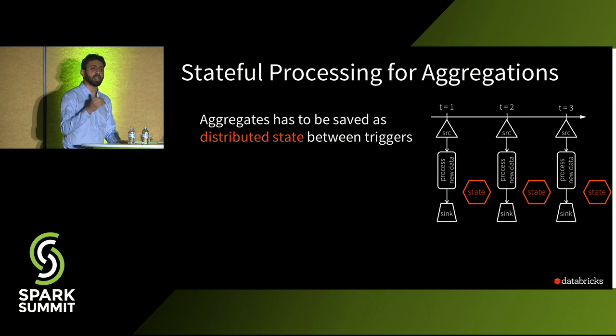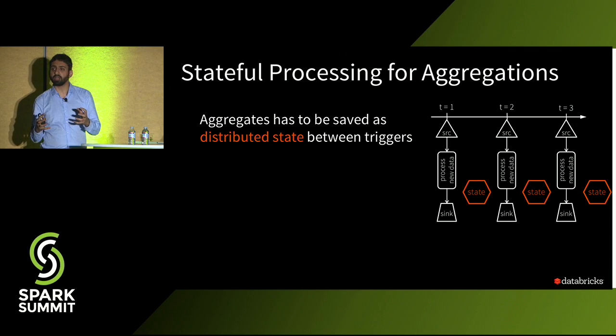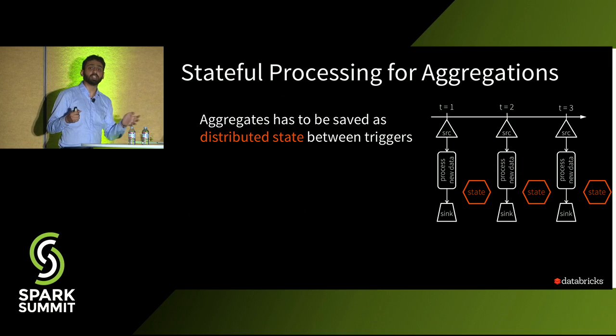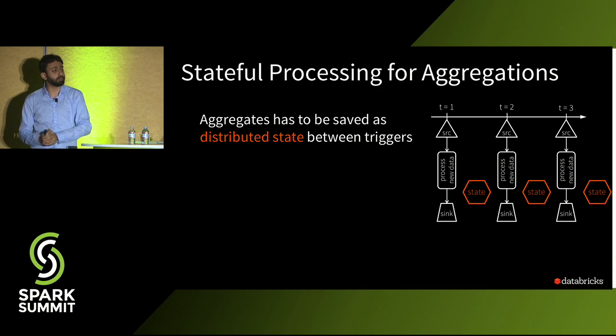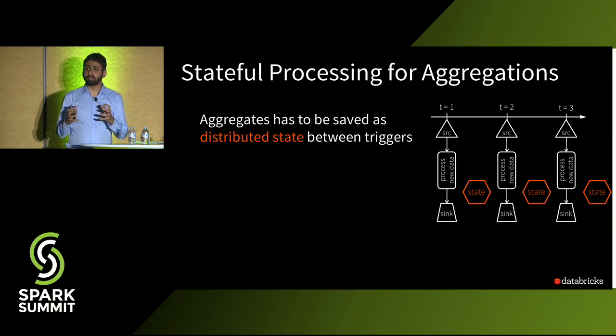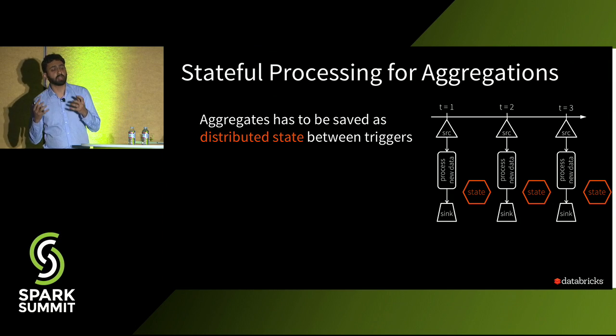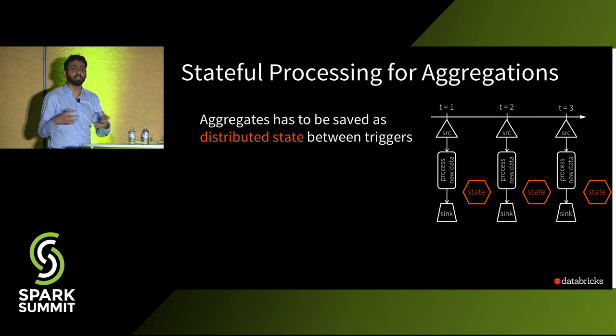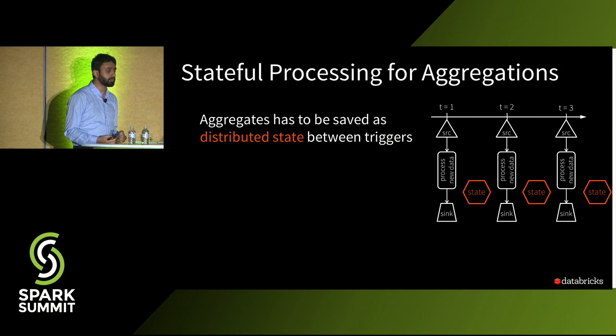So the intermediate aggregates, the intermediate counts, need to be preserved in a fault-tolerant manner, so that as soon as it gets new data, it can update from the previous partial count to generate the next partial count. This means the intermediate counts need to be maintained within the Spark cluster as distributed in-memory state.